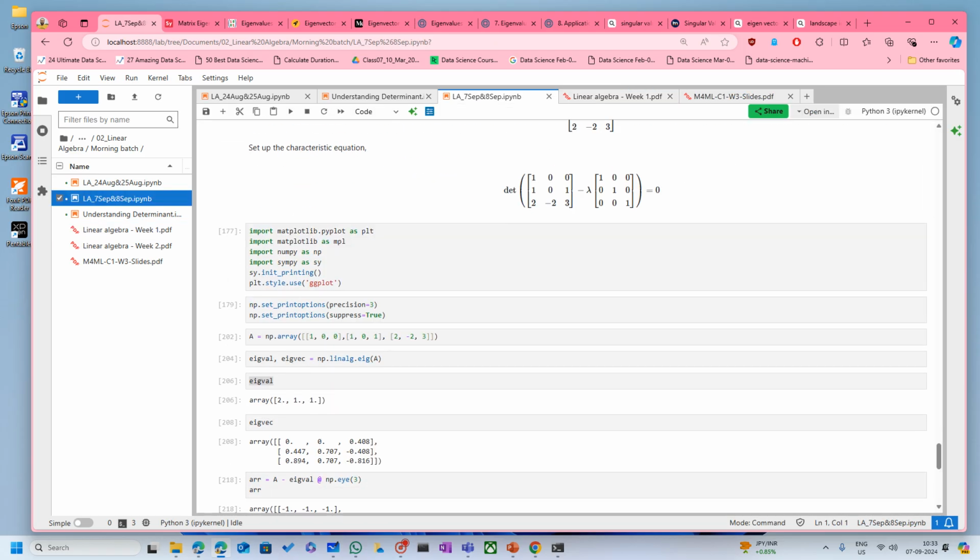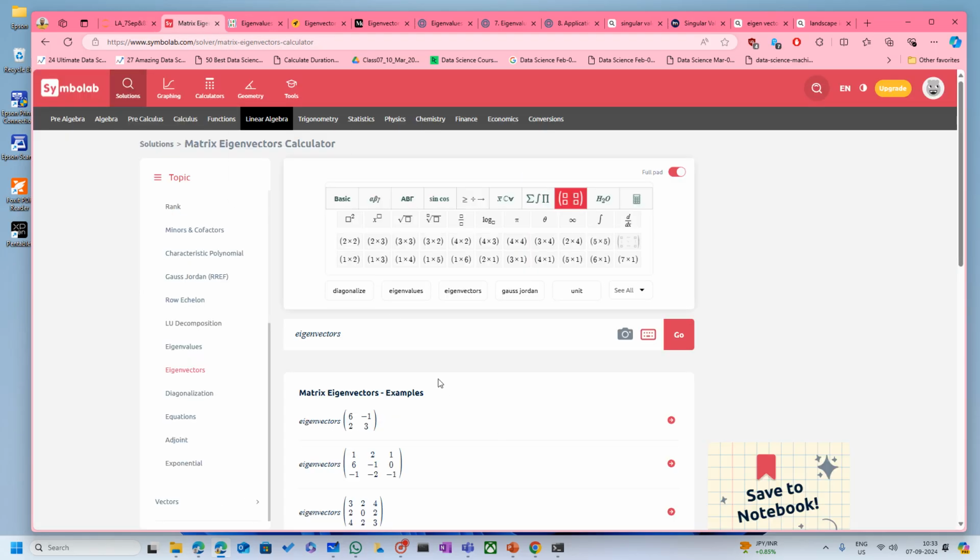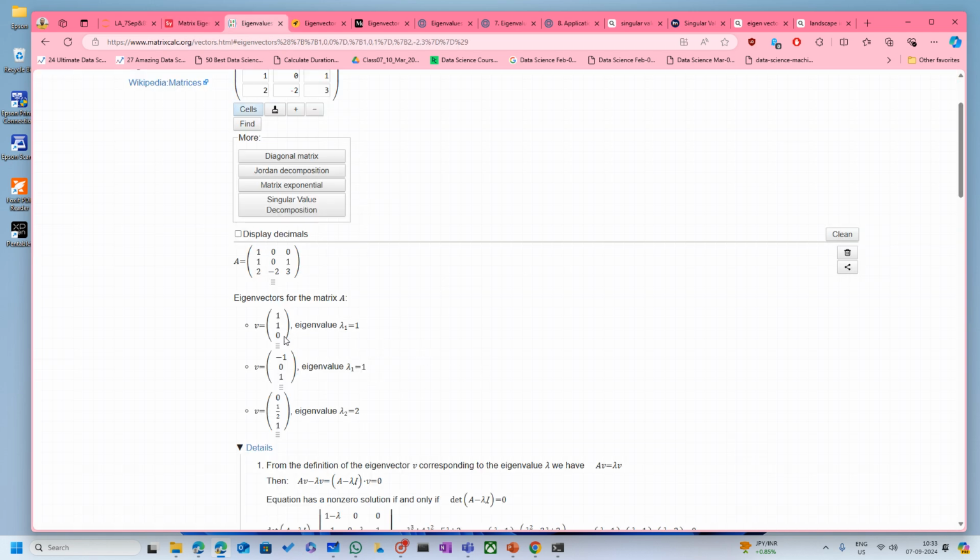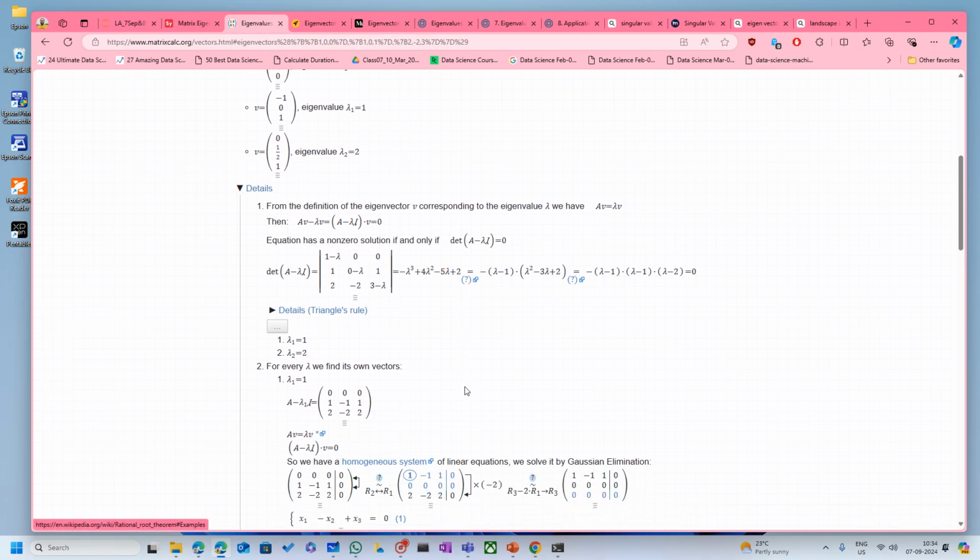Coming back to this example, here we have various eigenvalues. Three different ones, because it's a 3 by 3 matrix. So three different values are there, and eigenvectors are also calculated.